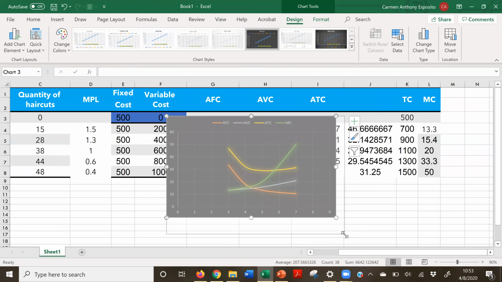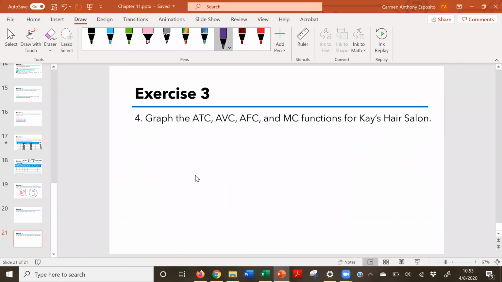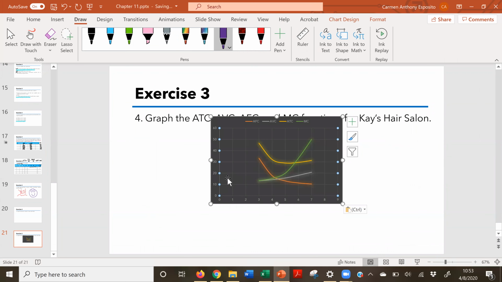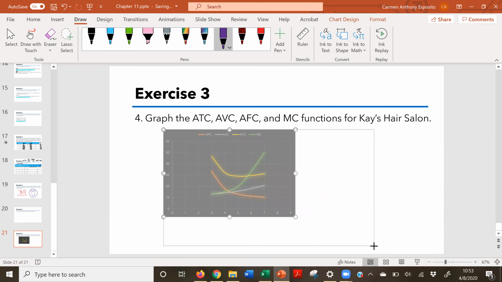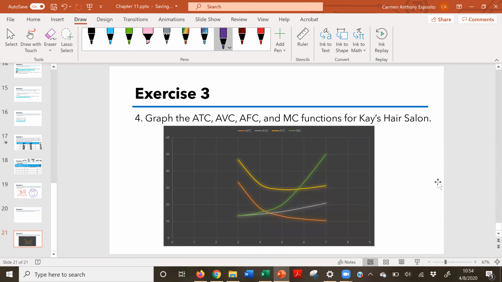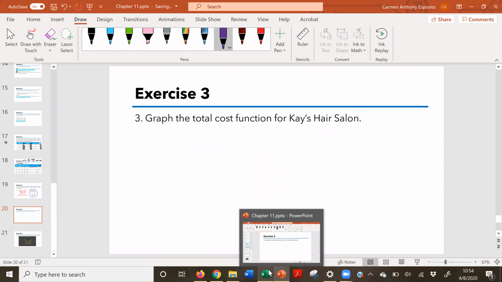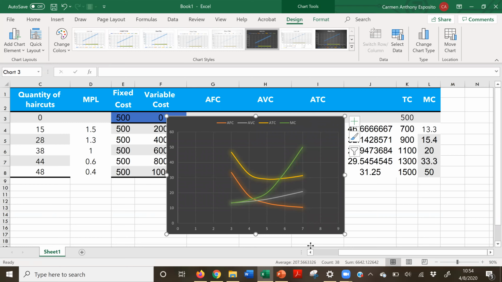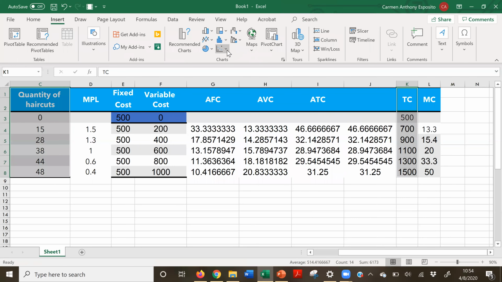So I'm going to explain these in just one moment, but let me just get the graphs here. And let me get the total cost. So I'm going to move this down here, and let's graph this.